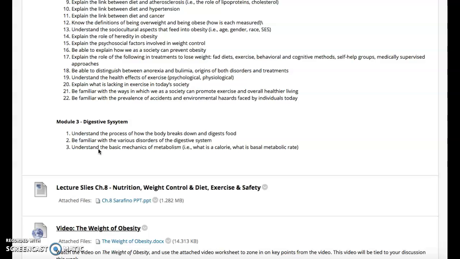How do they arise? And understanding the basic mechanics of metabolism, like what's a calorie? What's basal metabolic rate? How do we measure those and why are they important? What does metabolism have to do with our bodies and our eating and our exercising? So be familiar with how that all operates.